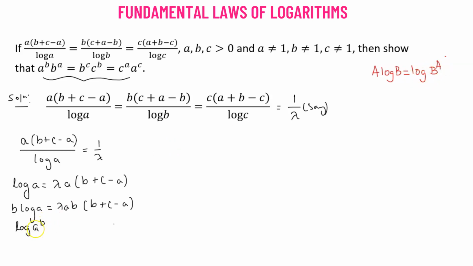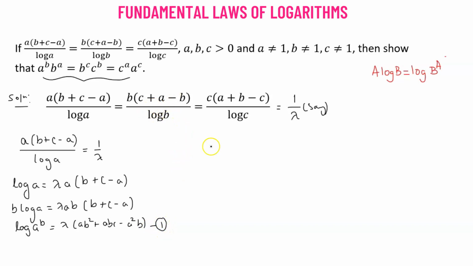Later on, we can get rid of this logarithm, and this is going to help us prove this particular problem. So that's fine. So this will be equal to lambda times, now we'll multiply ab to each of the terms within the parentheses. So we have ab squared plus abc minus a squared b. So let's leave it as it is. We'll call it equation number 1.